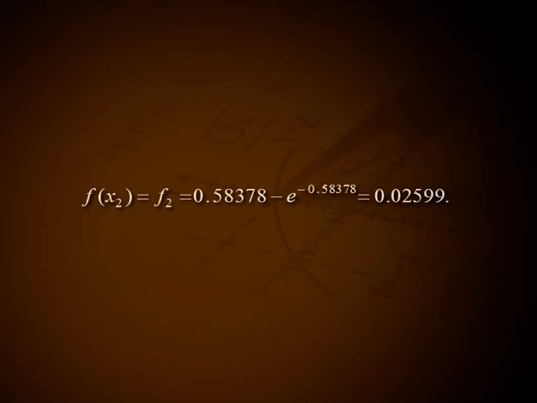0.58378 minus e raised to minus 0.58378, that is 0.02599. Step 3.